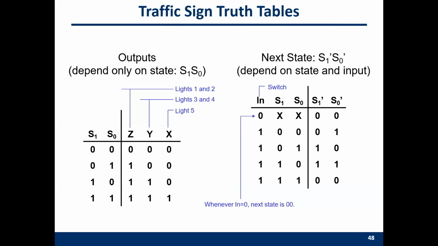This truth table is used to describe the transition, based on the current state and the input, where the finite state machine goes in the next cycle. And this truth table is used to generate the light.